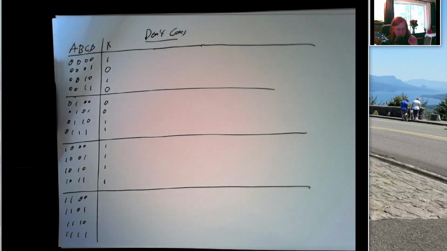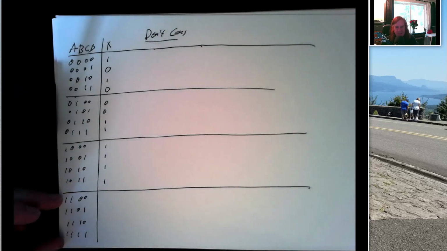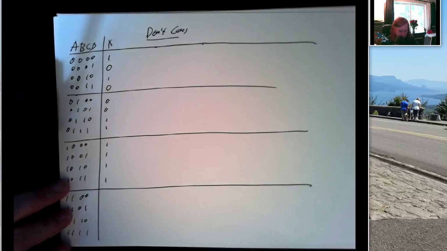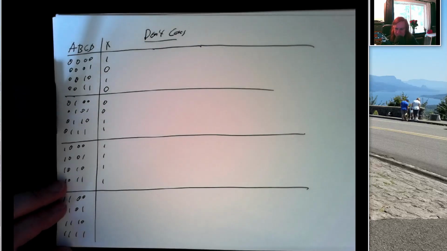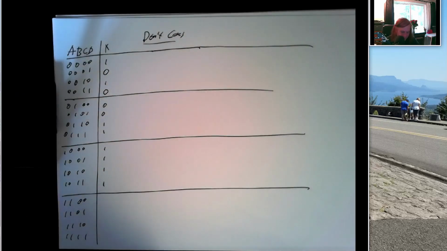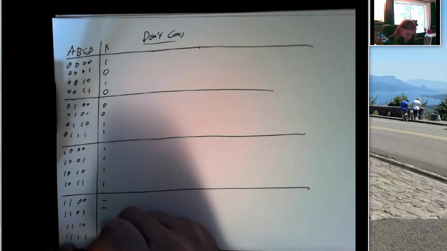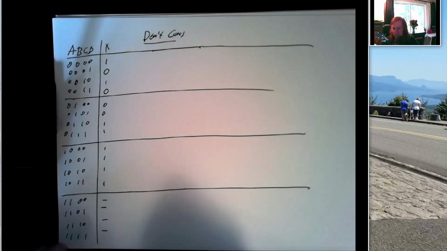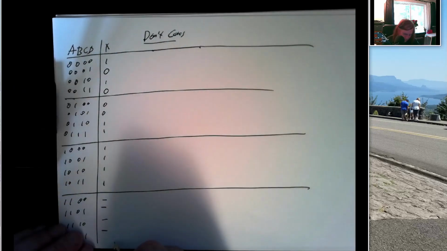And for whatever reason, we know we're never going to put in inputs corresponding to these 4 values. Well, if we're building a circuit and we never expect the person to set A, B, C, D equal to this, we don't care if the output's a 1 or a 0. So we can mark these with a dash. And the dash means we don't care. So this is a don't care.